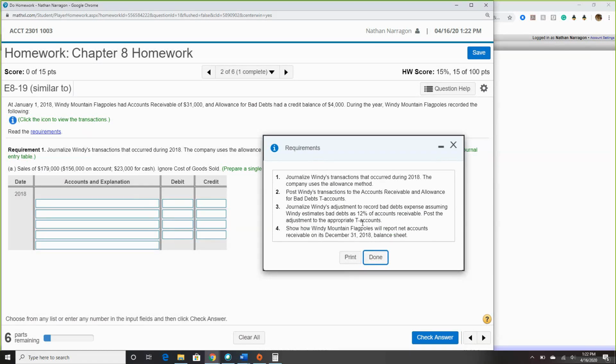So this one's pretty much exactly like number 1, so I'm not going to go back over it, except for a few number differences. I can tell that from the requirements, because all you do is journalizing in requirement 1, just like we did. Then you post to the T accounts. Then you're going to do the estimate. Ooh, the estimate is on accounts receivable.